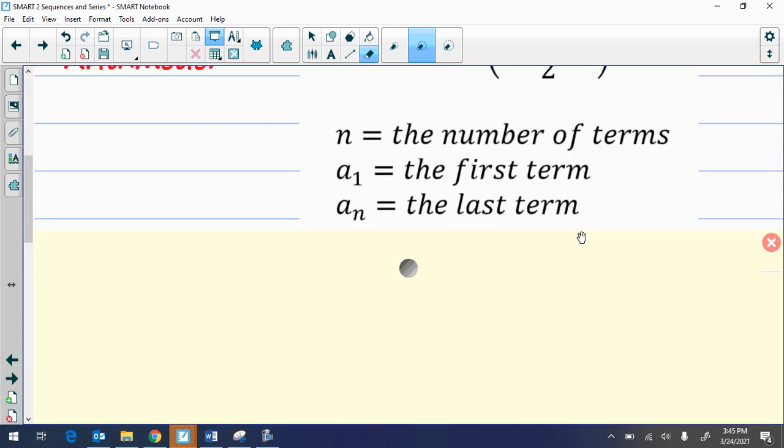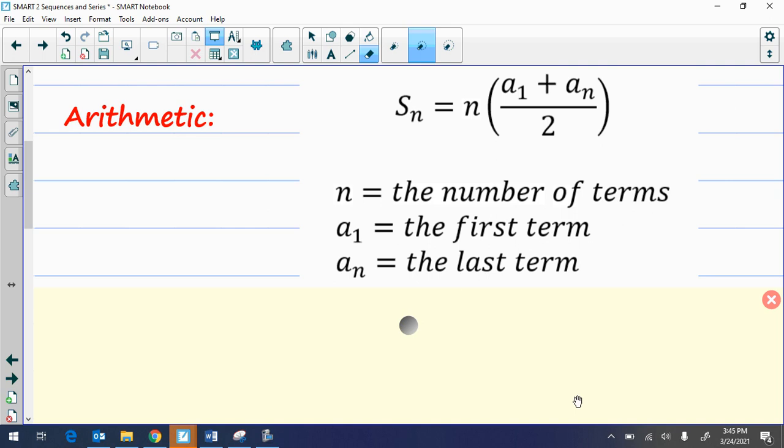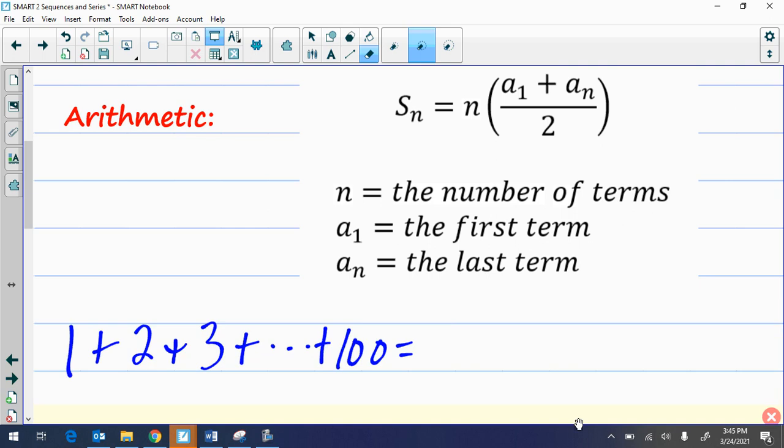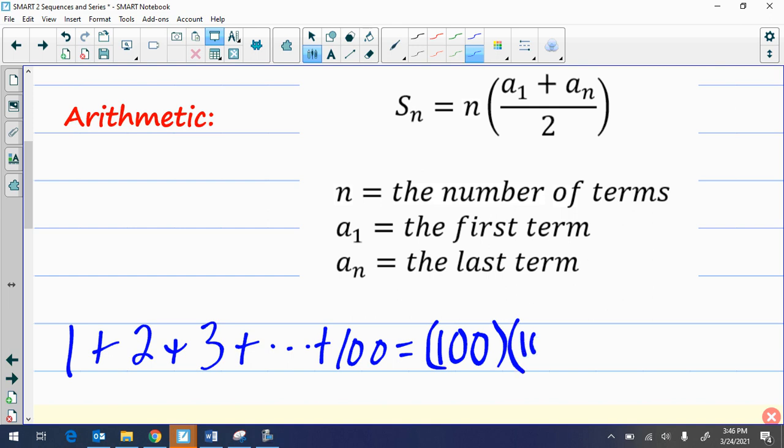Now, if you watched that first video, you saw us adding up the Gaussian way, 1 to 100, the famous story of Gauss's teacher asking him to add up from 1 to 100 just to keep him busy. And he did it really quick by doing 2 lists and ordering them up and getting to where we needed to be. And that gave him the 50-50. If I use the formula, it's going to give me the same thing.